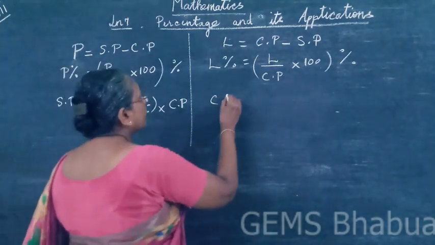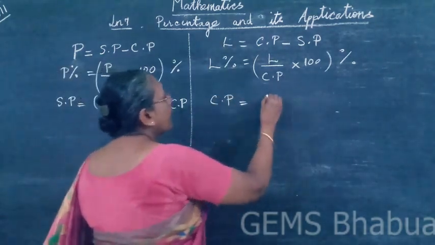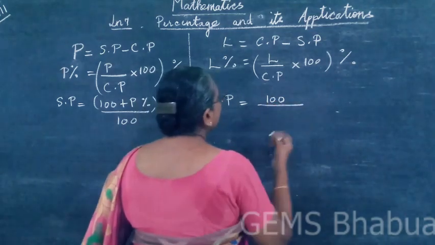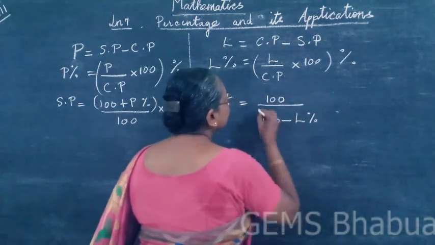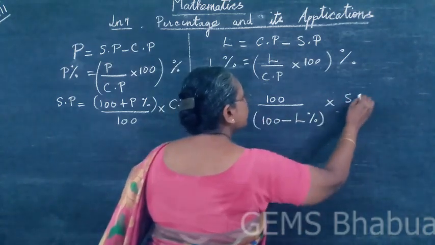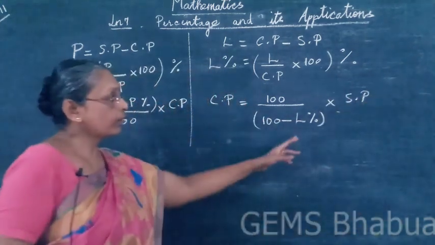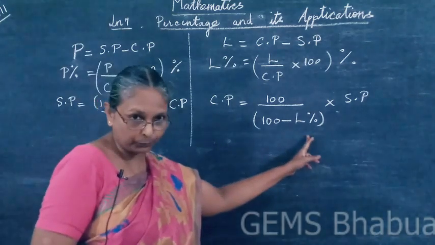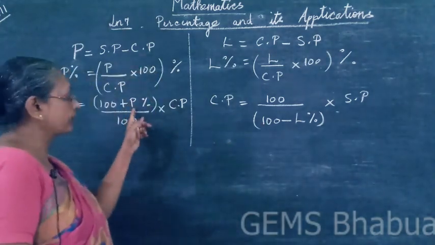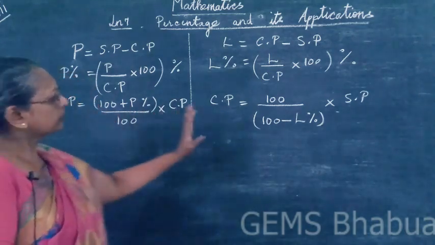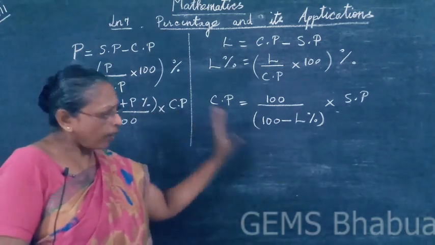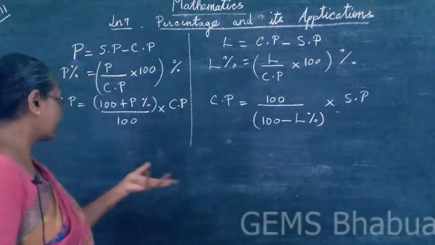It will be cost price is equal to 100 by (100 minus loss percentage) into SP. When you have a loss percentage, it is minus, you should note it, and when you have a profit percentage, it is plus. So these are the formulae which can help you for easy calculation.